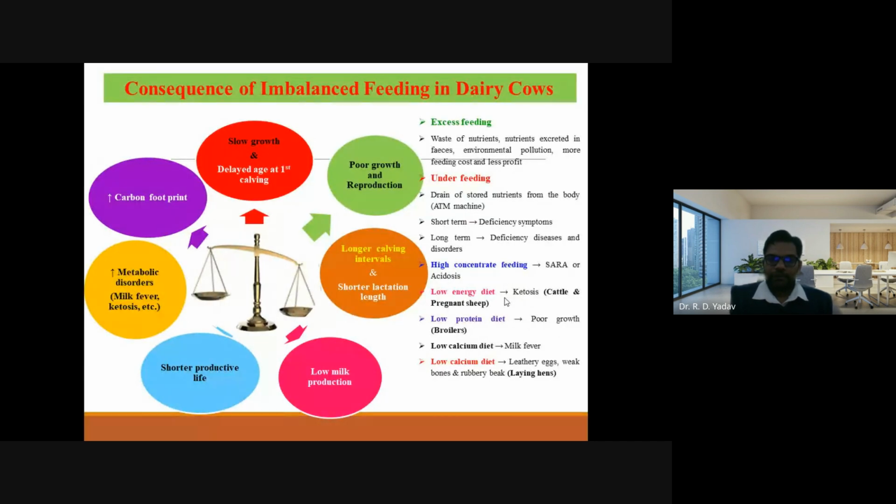If it is about the imbalanced ration, what if we feed in excess? Because due to the imbalance, either we feed excess or we feed deficient. If we feed excess, there is a waste of nutrients, and nutrients are secreted in feces, which creates environmental pollution, and obviously it will increase the feeding cost and give less profit.